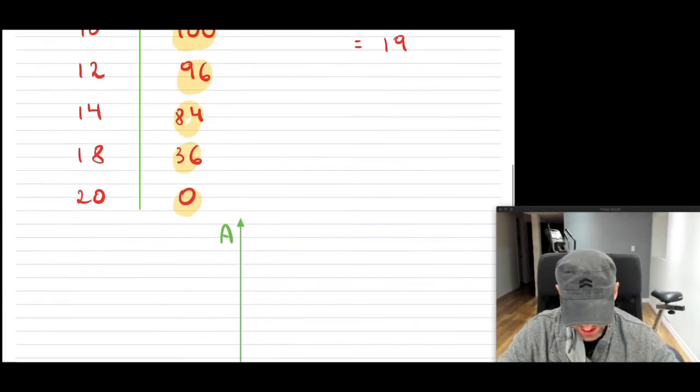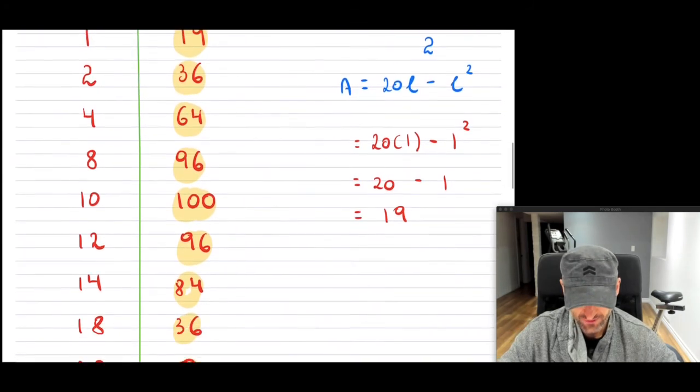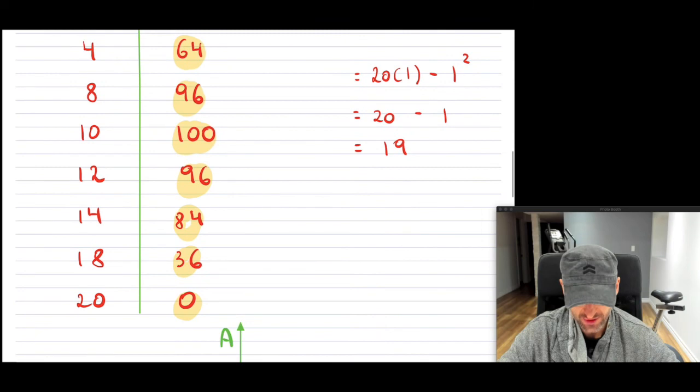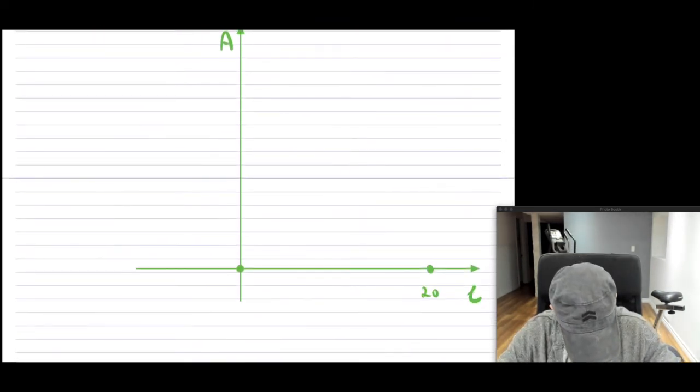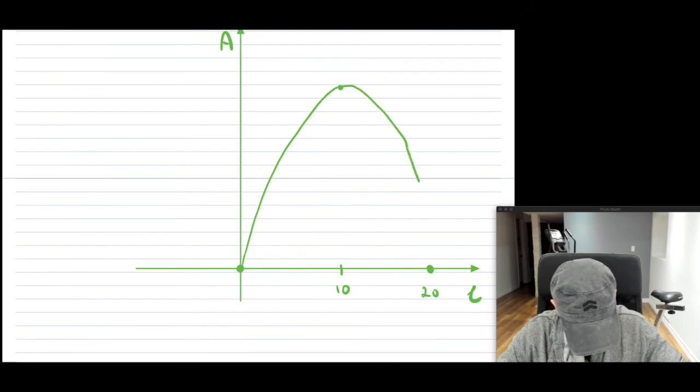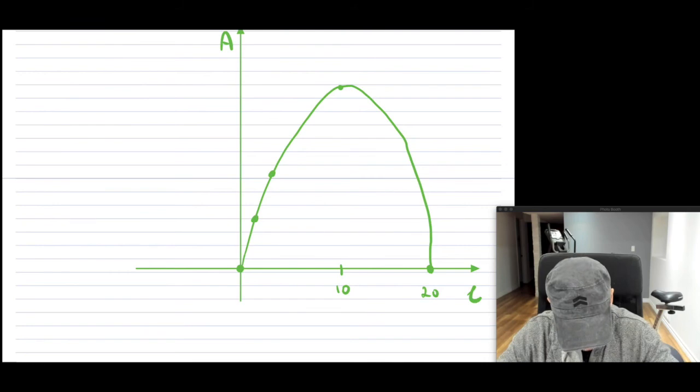And now, as we plot these, notice it goes 19, 36, 64, 96, 100. Notice that it peaks at the halfway point there. So it goes basically like this, and as you plot this along and change these up, you would get something like that. So there is a peak, which is basically your maximum, right here.